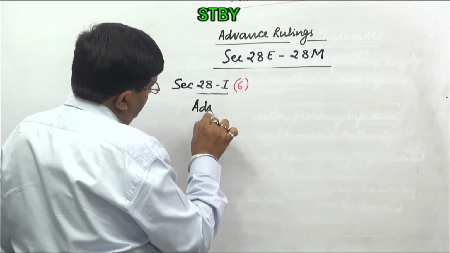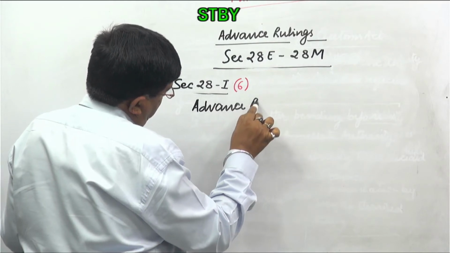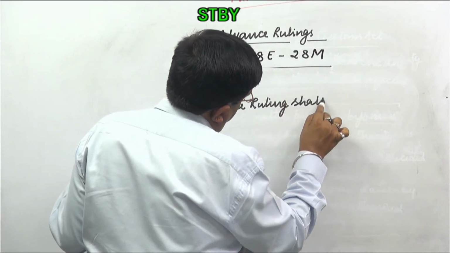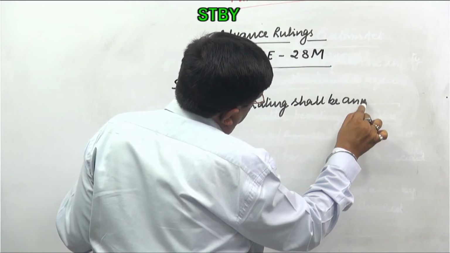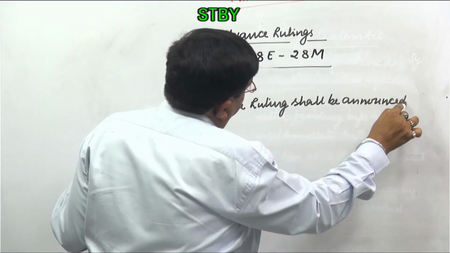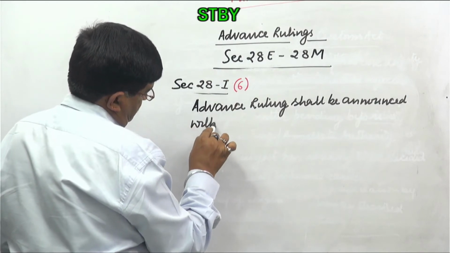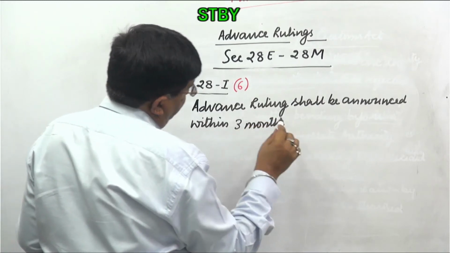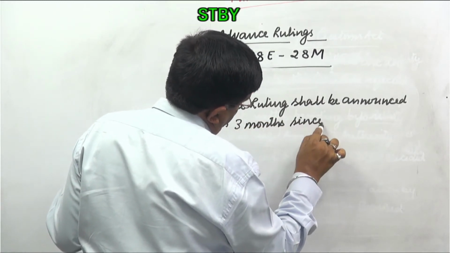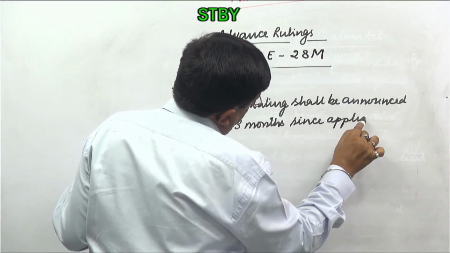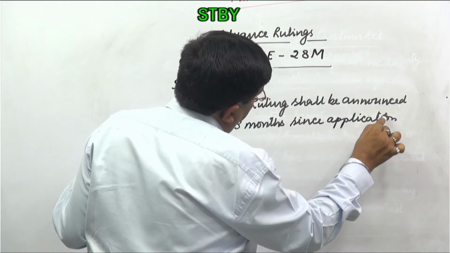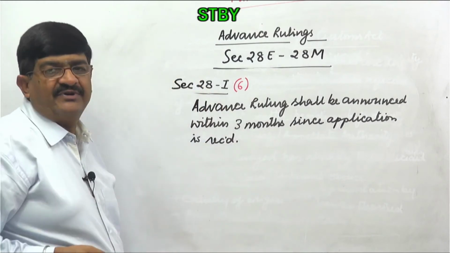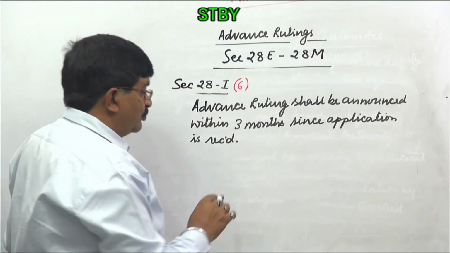Advance ruling shall be announced within 3 months since application is received. So what can be there in the MCQ?